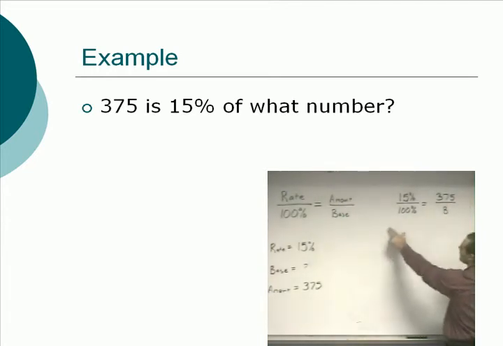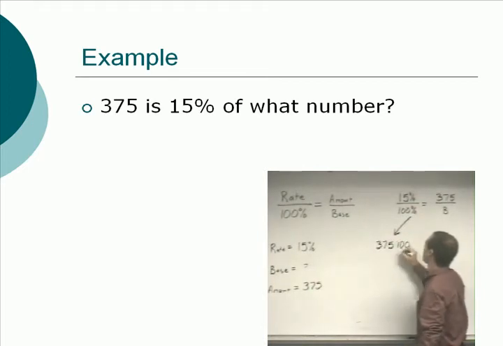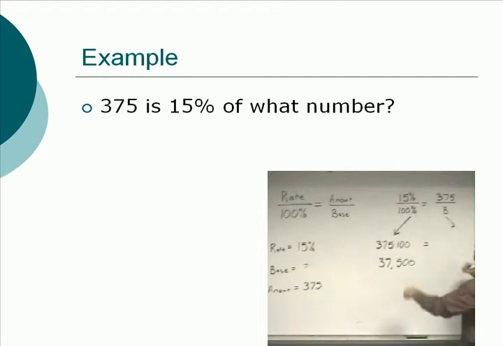We get 375 times 100, which is 37,500. That's equal to whatever we get as a product in the other direction. In that direction, we have 15 times b, which is simply 15b. So 37,500 equals 15b. Of course, then you're home free. We just need to divide by 15.